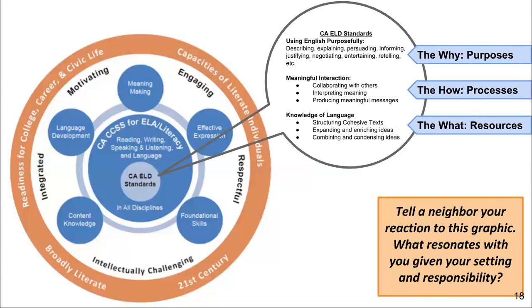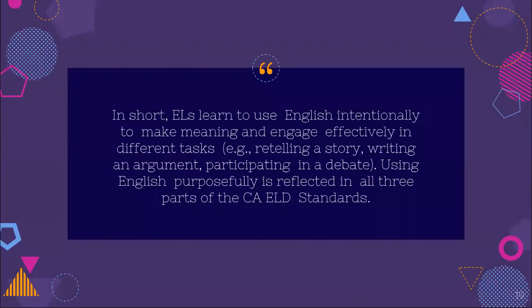So these connect back and have the same goals as our ELA literacy standards do. So in short, English learners use English intentionally to make meaning and engage effectively in different tasks. Using English purposefully is reflected in all three parts of the California ELD standards.